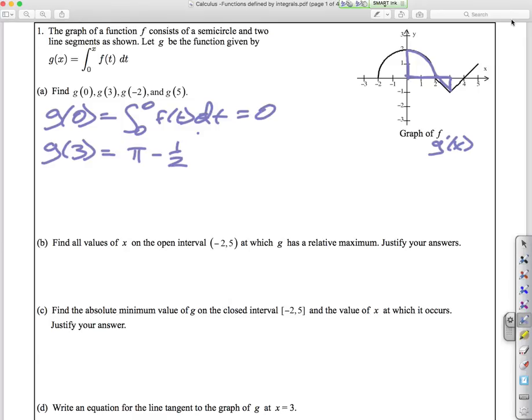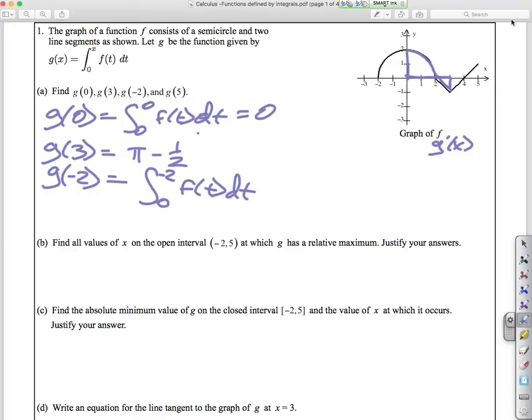Pi minus 1/2. Next one, g of -2. So I want the integral from -2 to 0. No, sorry. It has to start out as 0 to -2, but we don't like that. What do we want to do?